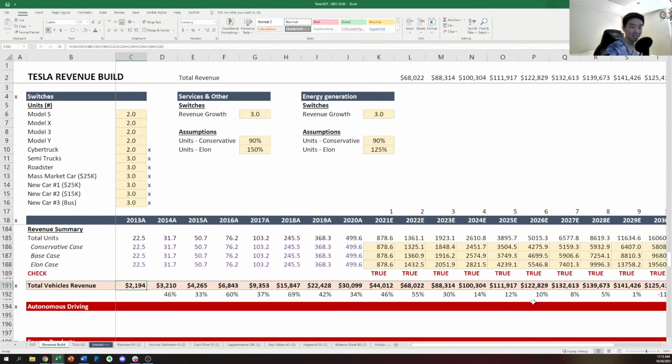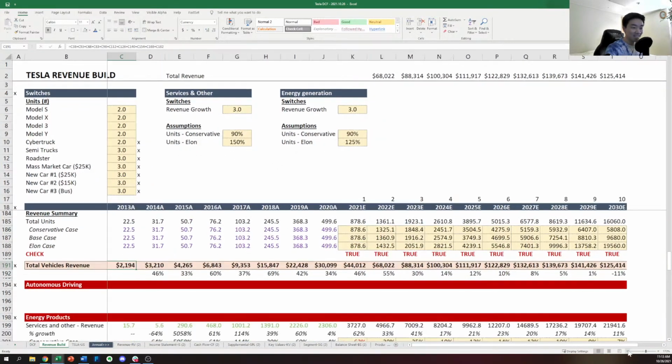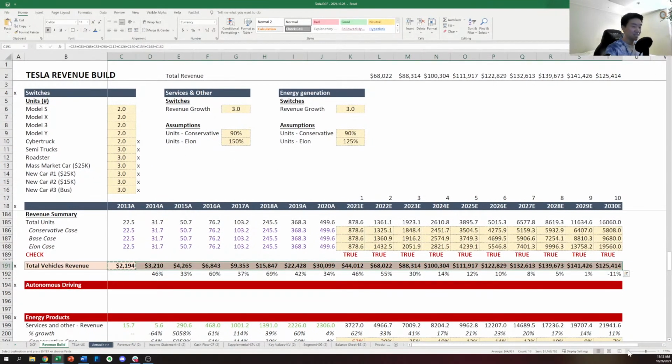Okay, we did it. You guys ready for this? There we go. We got our vehicles revenue, which is the hardest part. Oh, wow, that took forever.